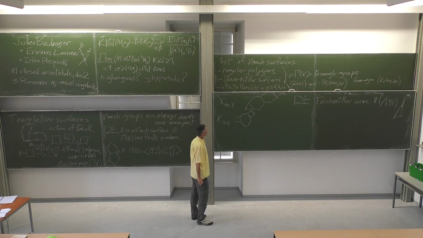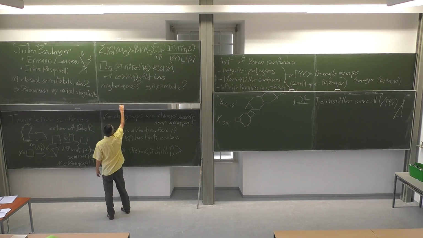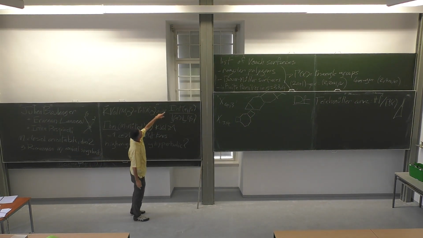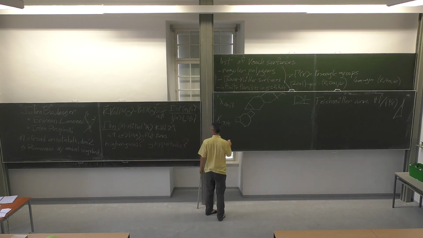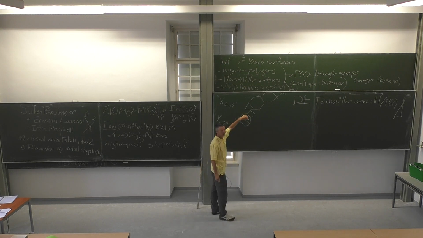So why is it interesting to compute K-vol on translation surfaces? You remember that we had this expression here. Note that on a translation surface, any closed curve can be developed to the plane.